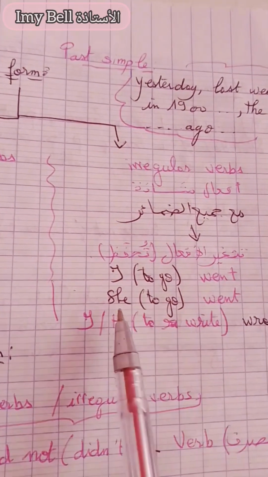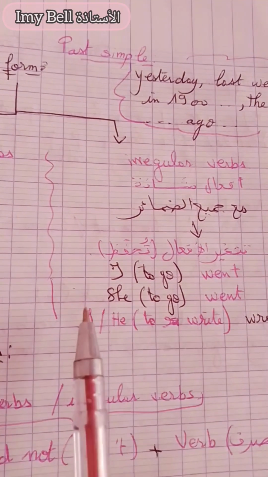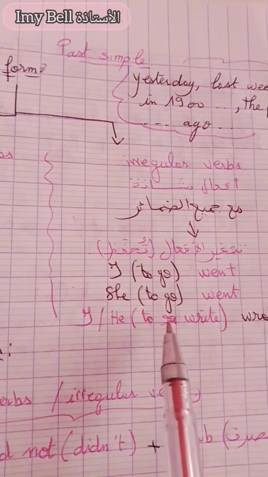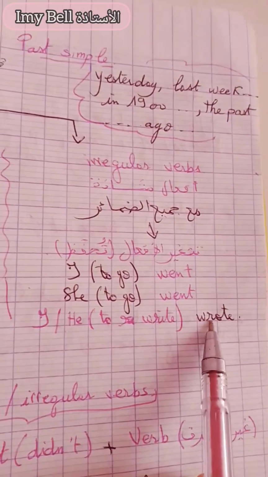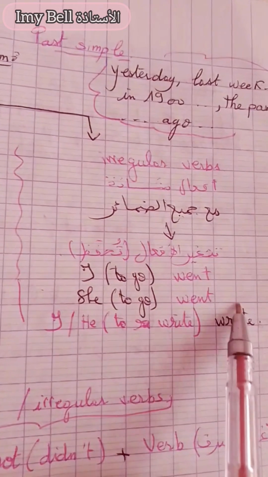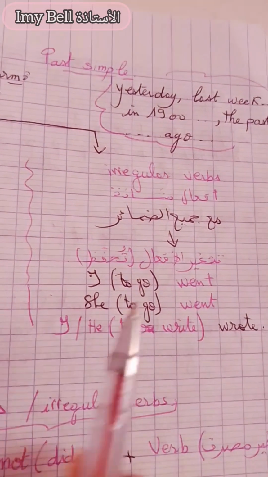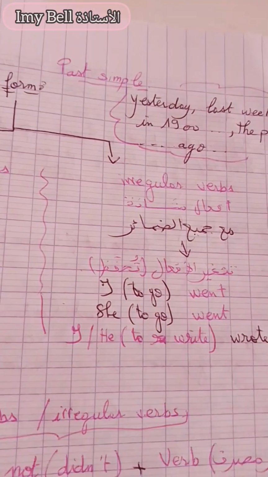I went, she went. Okay, for example, here we have the verb to write. I or he wrote. يتغير تماما. Okay, يتغير حرف أو يتغير تماما مثل to go.